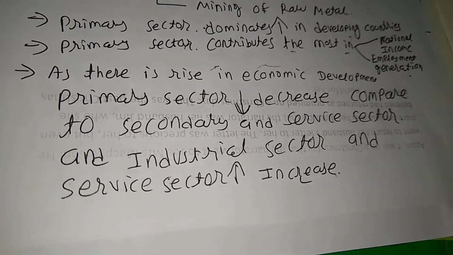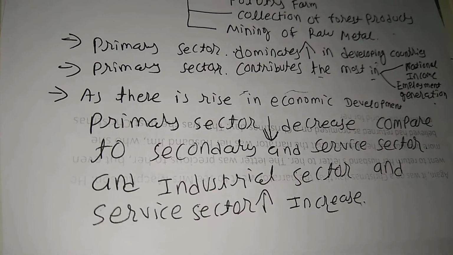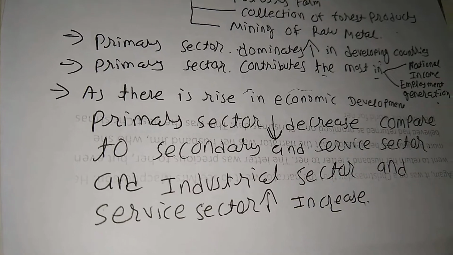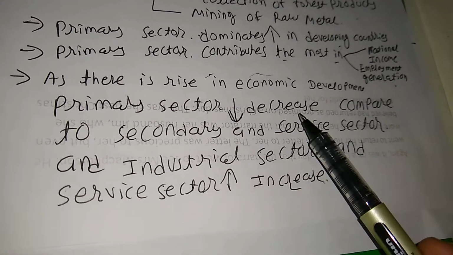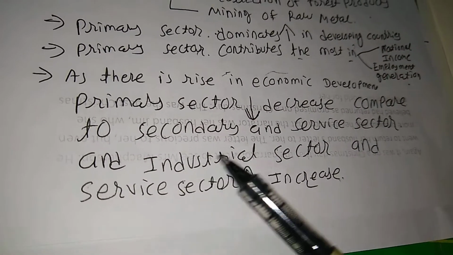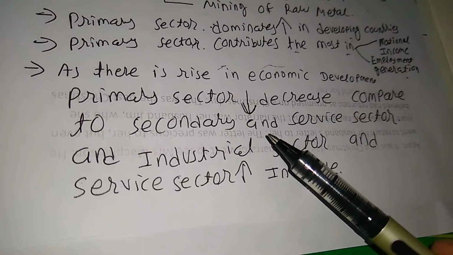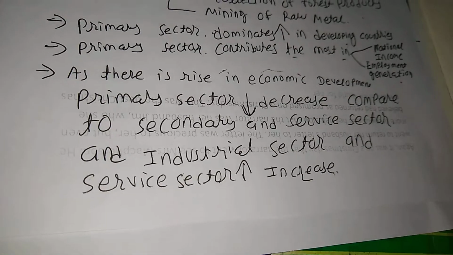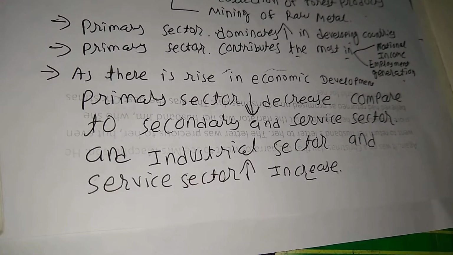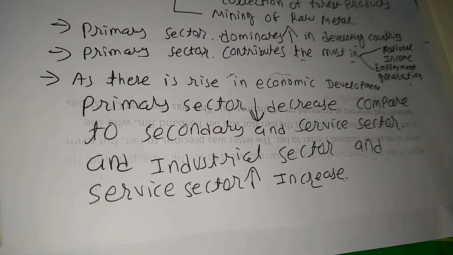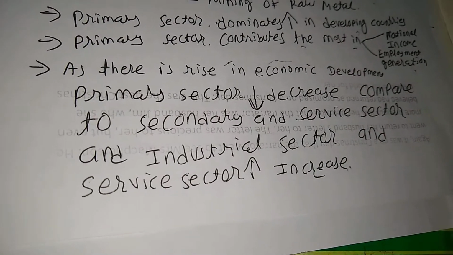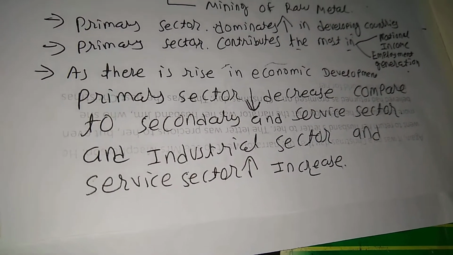Like from a developing stage, if a country moves towards developed stage, then the primary sector decreases compared to secondary and service sector, and the industrial sector and service sector increase. So when India moves towards a developed nation, the primary sector is decreasing and the secondary and service sectors are increasing.